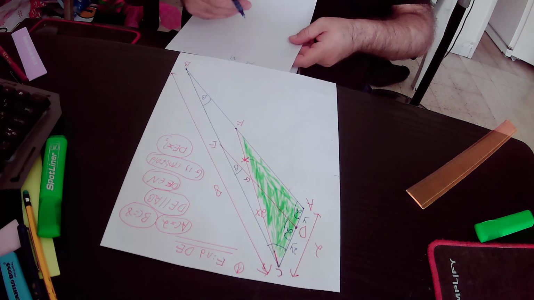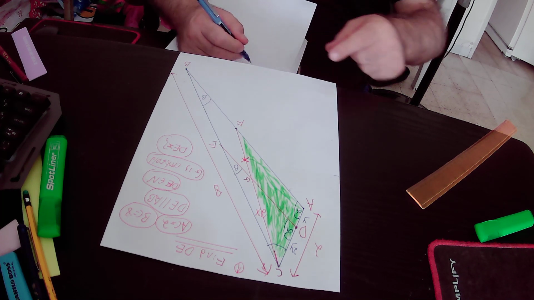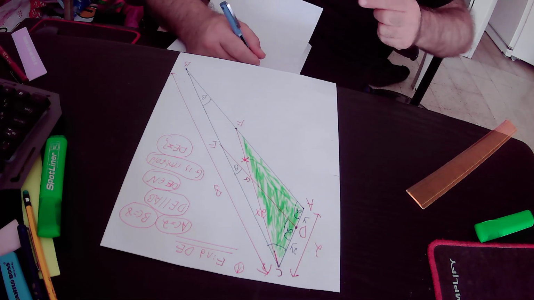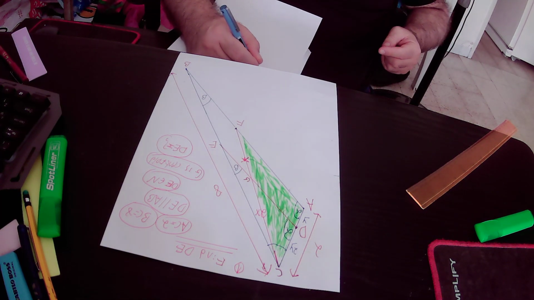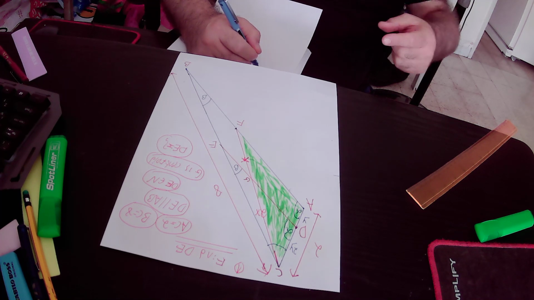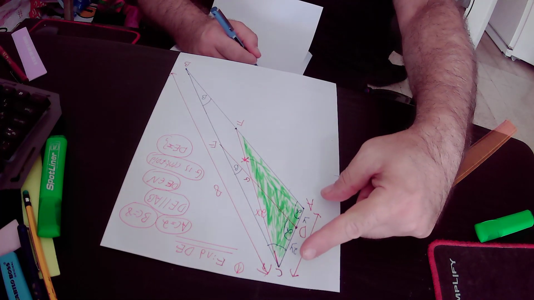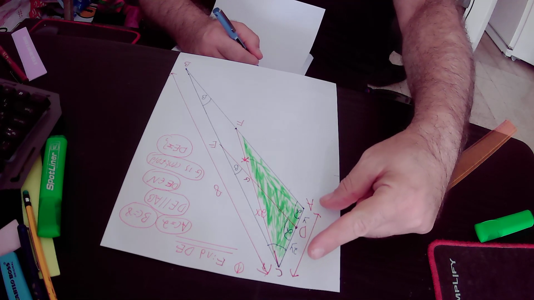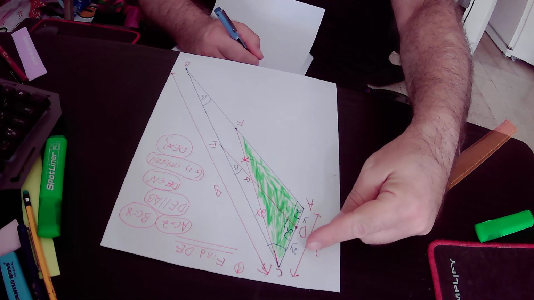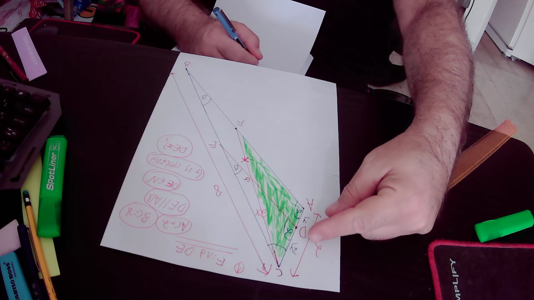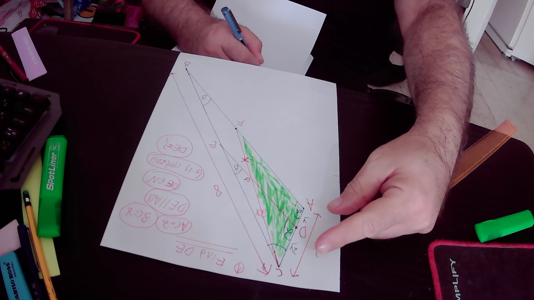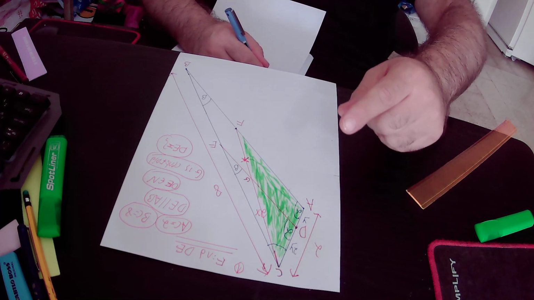But what is the value of CD? CD equals 2y. And what is the value of CA? CA equals CD plus DA. So CA equals CD, that is 2y, plus DA, that is y. So the value of CA is 2y plus y.